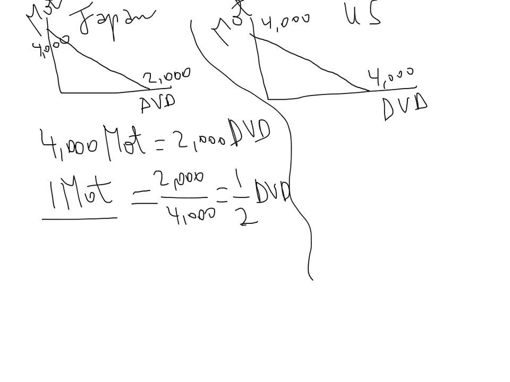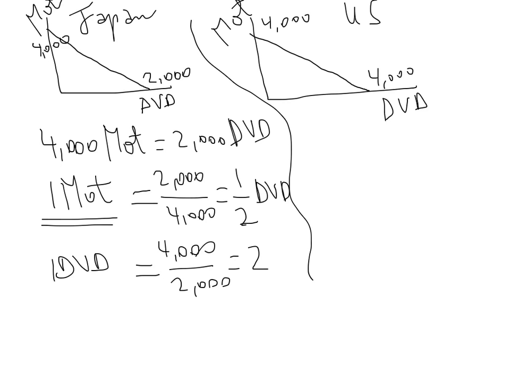That's the opportunity cost for one motorcycle for Japan. And then the opportunity cost for Japan for one DVD player, we move the other way, is 4000 divided by 2000, which is 2 motorcycles this time. That's the opportunity cost for each good for Japan.